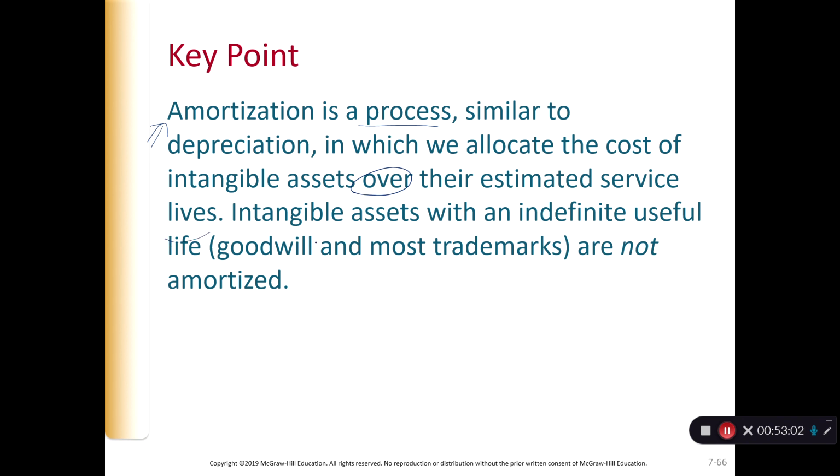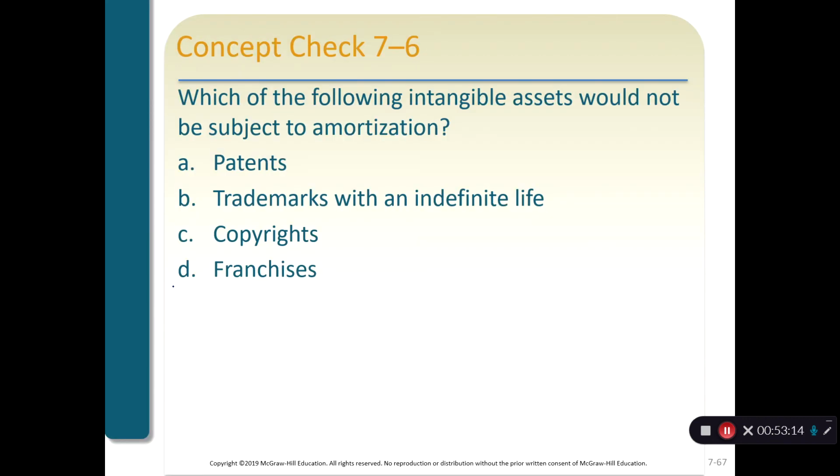An intangible asset with an indefinite life, such as goodwill and most trademarks, is not amortized. Okay, so which of the following intangible assets would not be subject to amortization? Okay, B, right? Because the indefinite life means that you cannot amortize it.